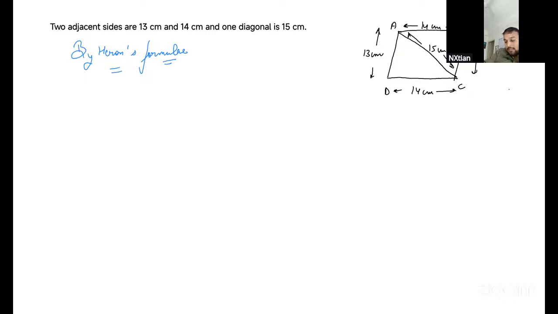We have this triangle ADC, no? We have three sides. We can find the area, and the same area will be for ABC also, so we have to multiply it by 2. Understood? By Heron's formula, you have to solve this. Just give me a second, I'll bring my water bottle.